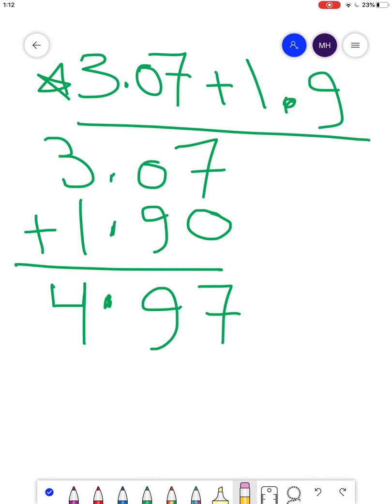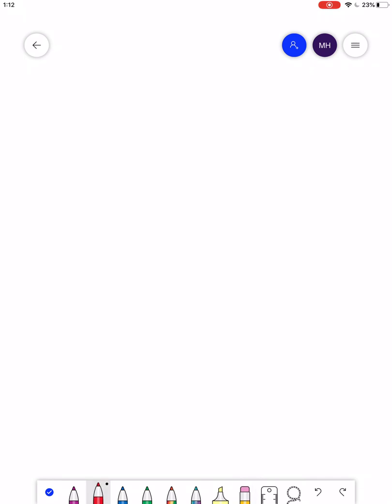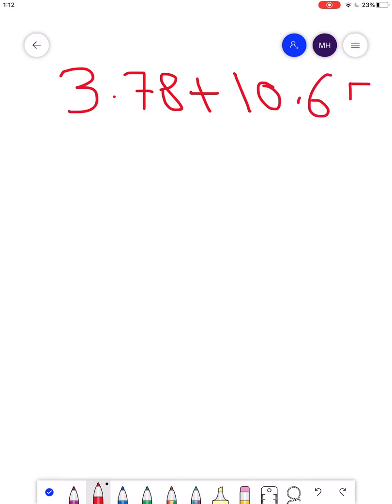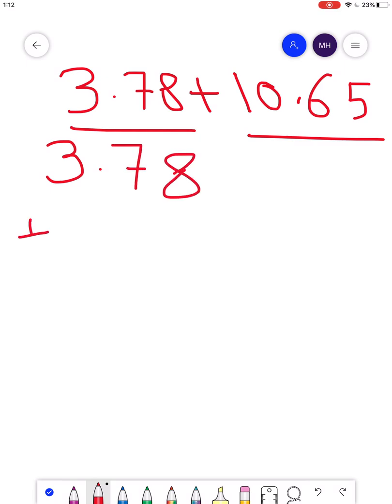Another example. 3.78 plus 10.65. So as I said, write the numbers, line up the decimal points.